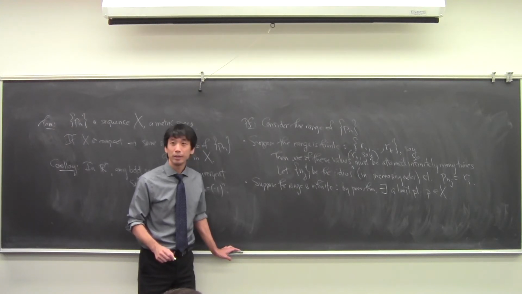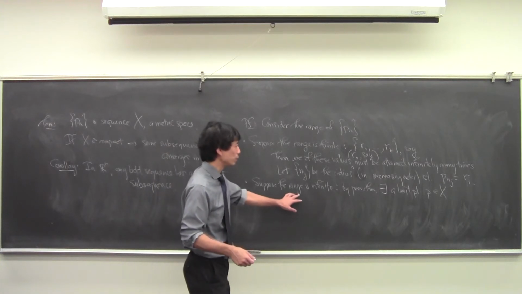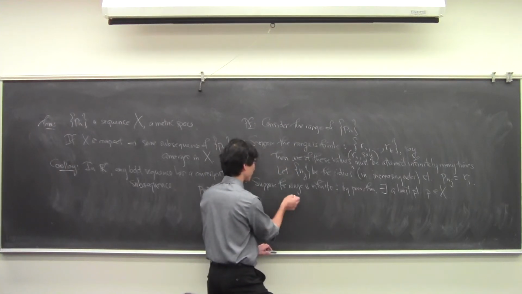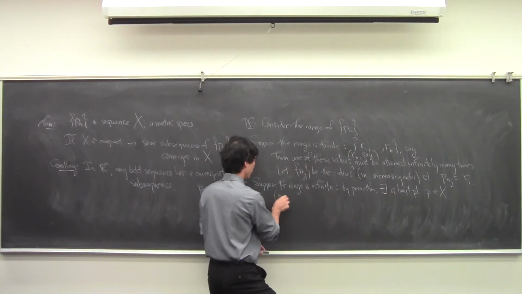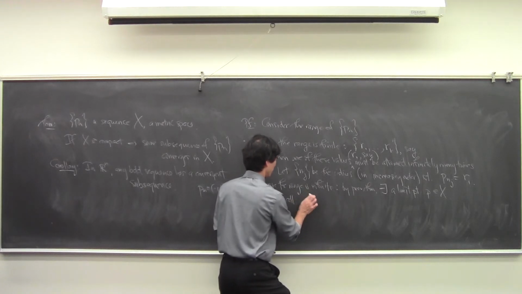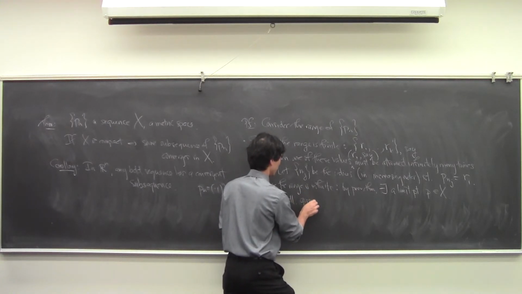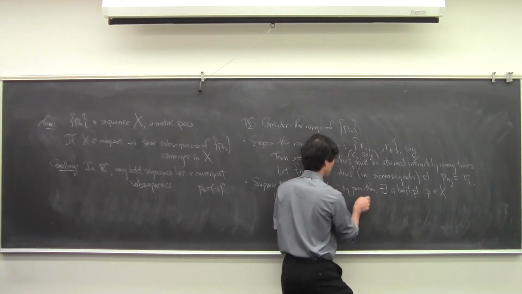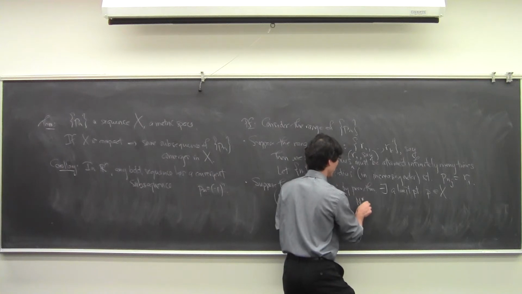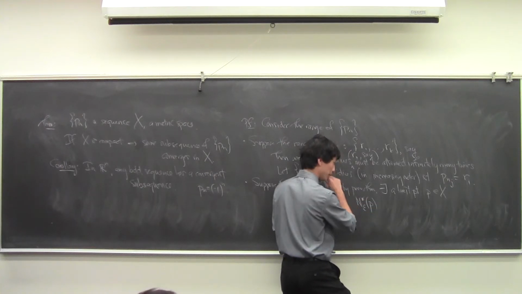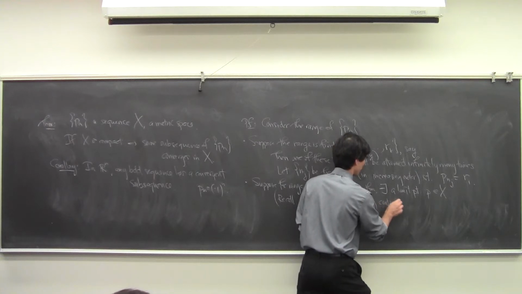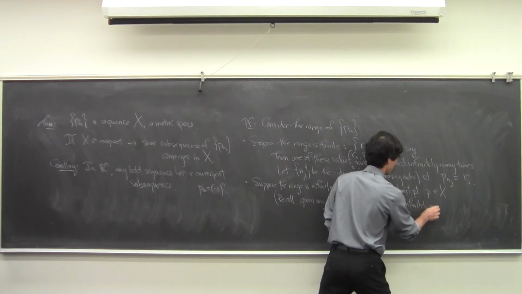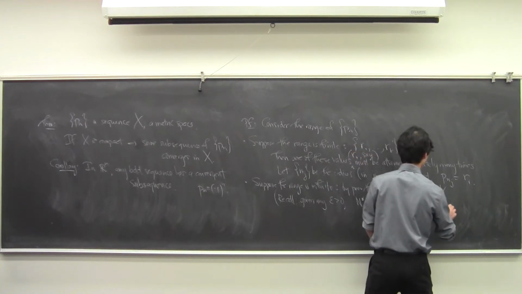And then you just construct your sequence. Remember, given any epsilon, the punctured epsilon neighborhood around P contains infinitely many points.